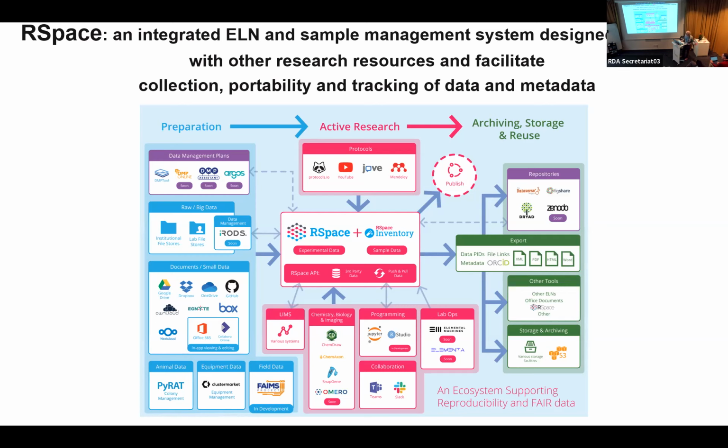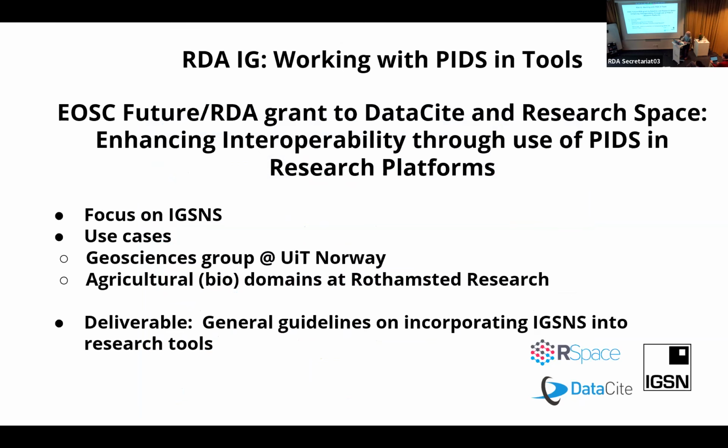I'm going to talk a bit about the integration we're doing with FAMES, which Sean described earlier. Also, we integrate with iRODS and OMERO, which are commonly used open source resources, with things like Protocols.io, and also with repositories so that you can deposit information at the end of the research cycle, as well as with things like data management plans. So that's a quick overview of RSpace itself.